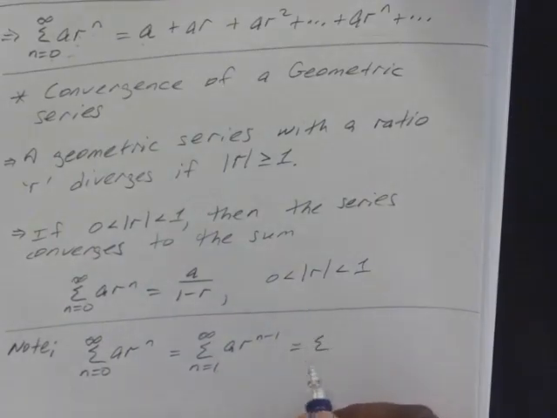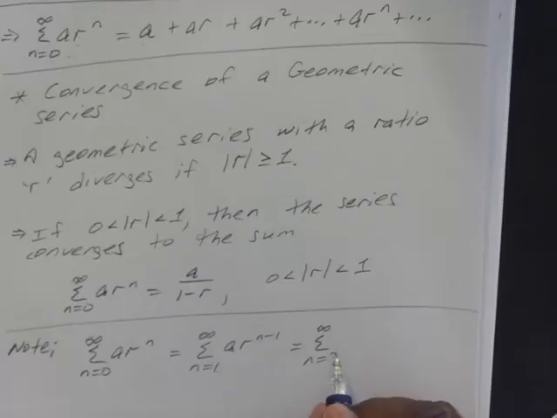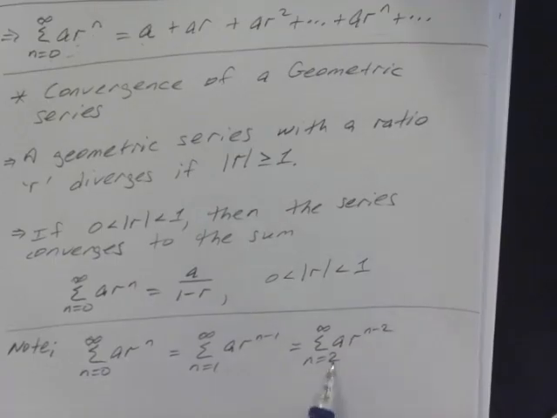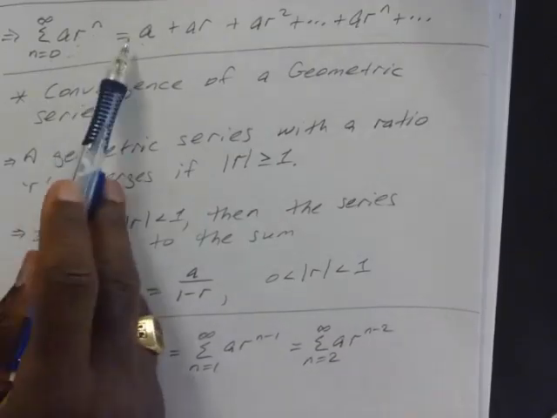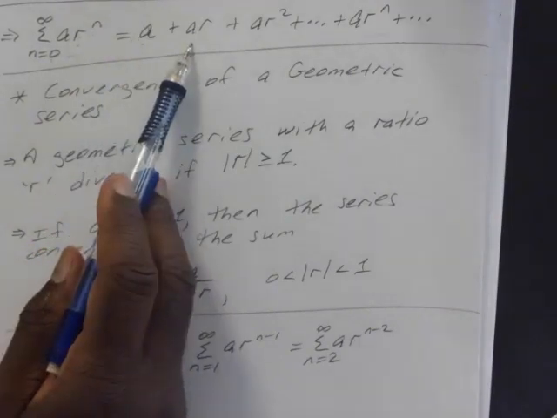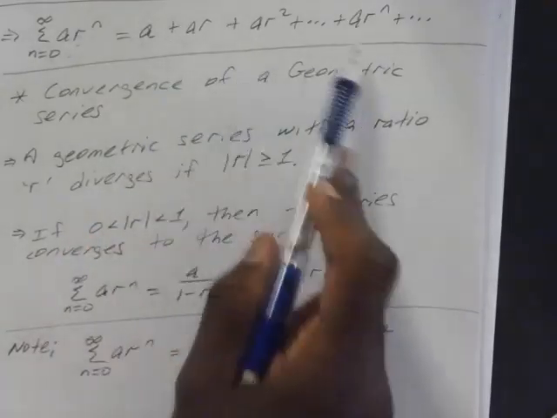Or you could even say, let's say n equals 2 to infinity of a times r to the power of n minus 2. Plug in 2, you get exponent of 0, which is just a. Then 3 minus 2, you get 1, 4 minus 2, and it keeps on going.